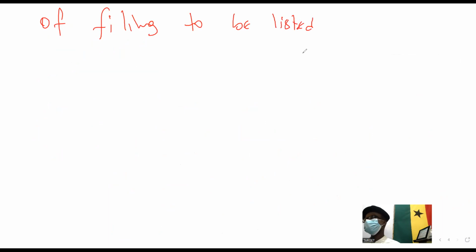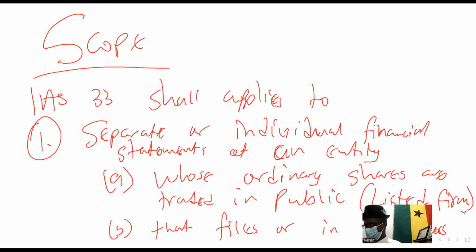That's all. So the first rule, you must be a listed company, no problem. Or you have made an attempt to be listed, you can still go ahead.